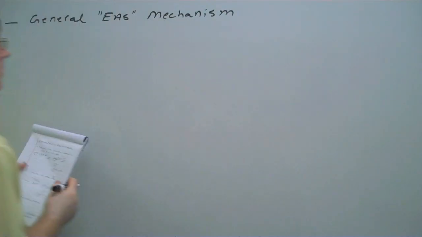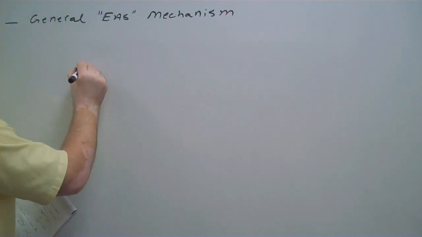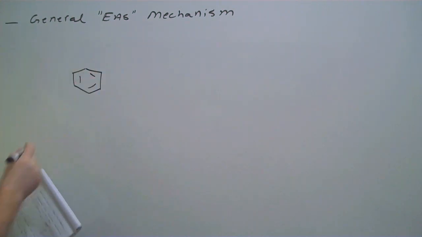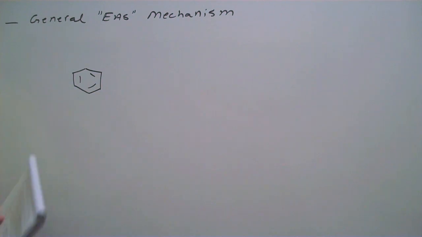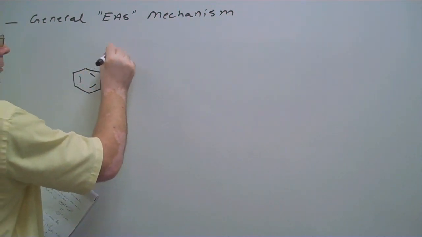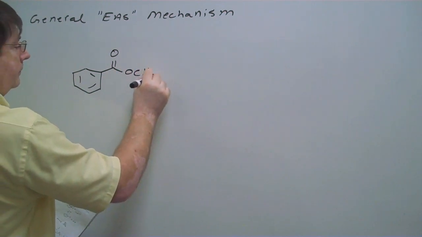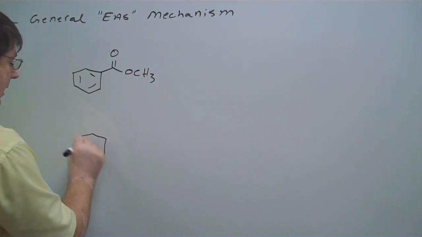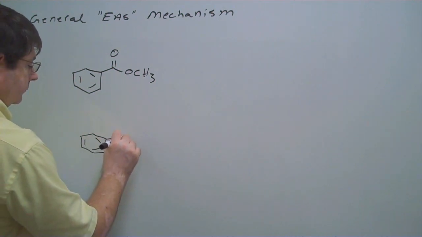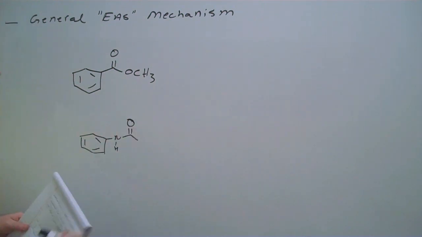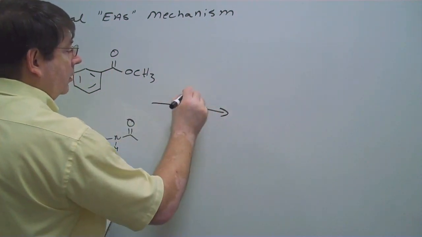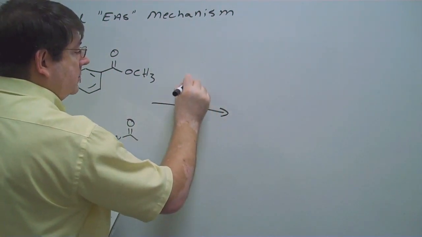Now in this laboratory, we're going to be dealing with a competitive nitration. So you're going to start off with equimolar amounts of methyl benzoate and acetanilide. And you're going to react these with our NO2+.